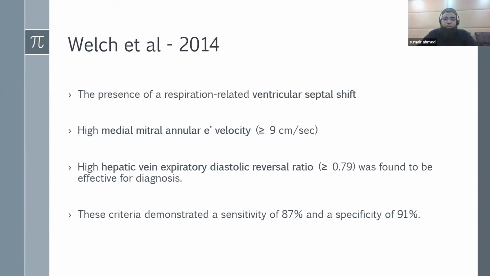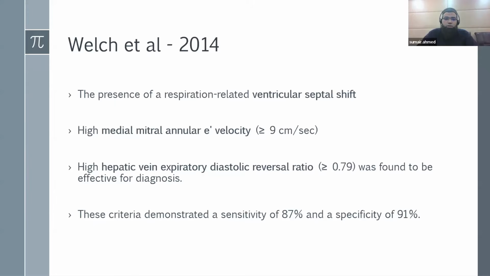This is very important. When all of these criteria are combined, they show a sensitivity of 87% and a specificity of 91% in the diagnosis of constrictive pericarditis.